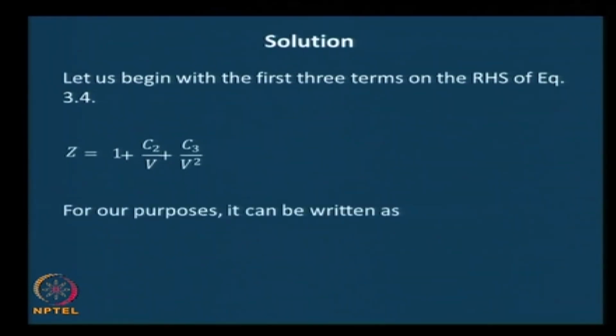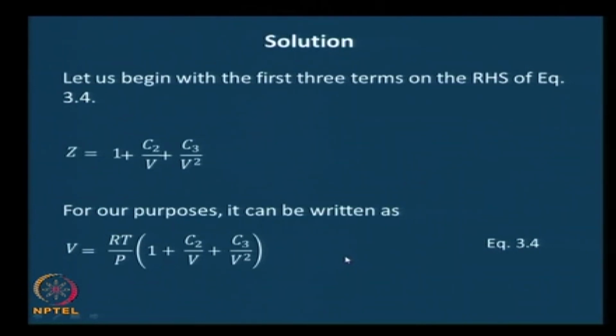We are trying to find out the volume, and therefore we need to express this in terms of the volume. Therefore, for our purposes, Z is nothing but PV by RT. If you multiply both sides by RT by P, V remains here and the remaining get cancelled out: V equals RT by P into 1 plus C2 by V plus C3 by V squared.